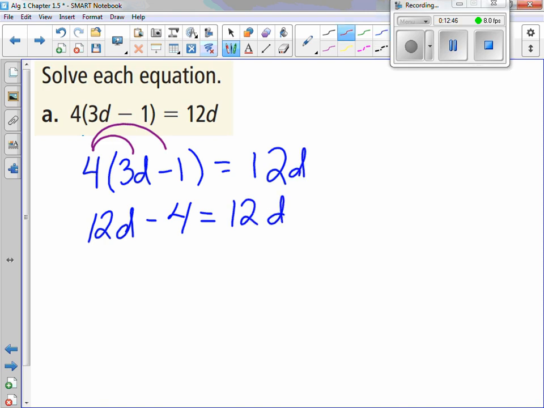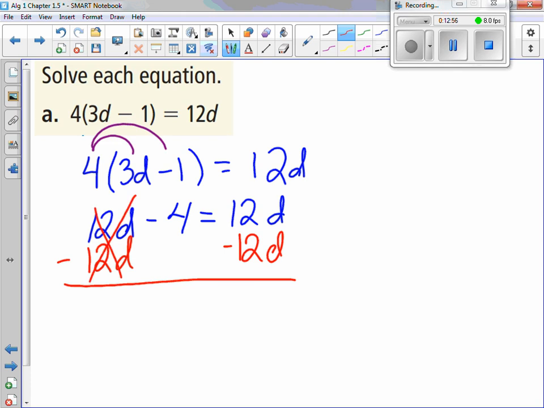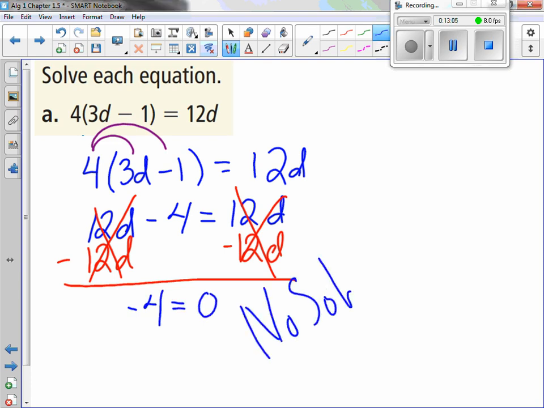Now what do we do? Well, these here cancel, don't they? What about over here? So what do I have? -4 equals... so this here is... we're done. That's all we have to do there.